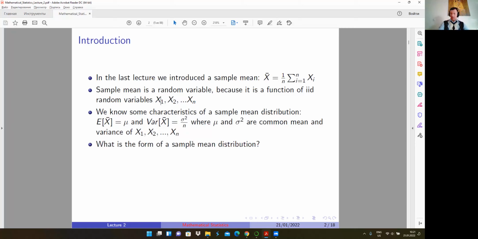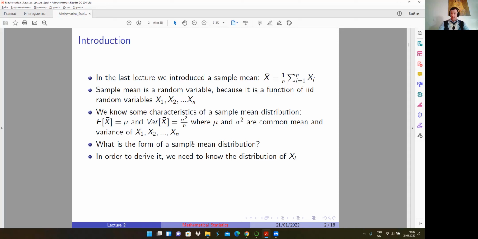Yesterday we concluded the lecture with the example of three tosses of a die and the calculation of a sample mean, and we were able to establish the probability distribution of a sample mean. We just needed to calculate all 216 possible outcomes and then calculate how many of them lead to the particular value of the sample mean.